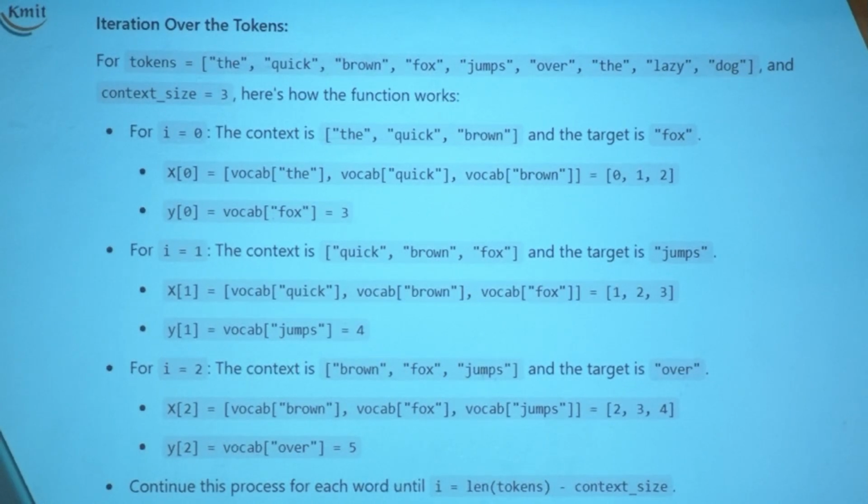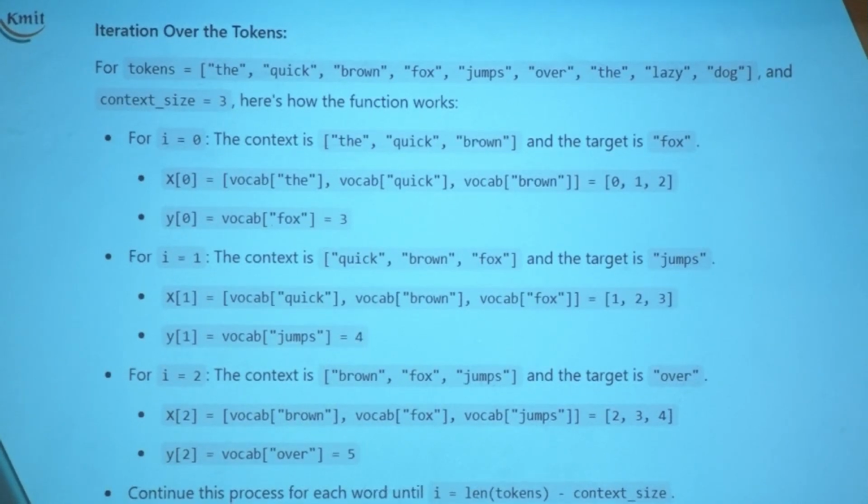Now, what will happen for i equal to 0? That for loop I am explaining. Try to understand. What is the context size? What is the range over which I have to iterate? I is 0. The context is from 0 to 3, 0 till context size.